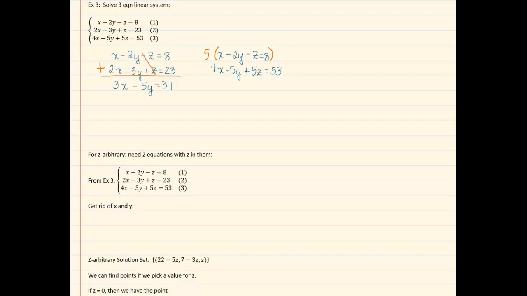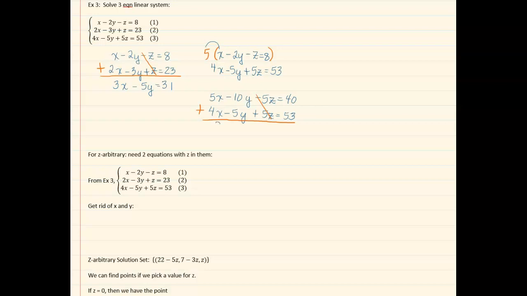So I'm going to multiply and get 5x minus 10y minus 5z is equal to 40. And down here we're going to have 4x minus 5y plus 5z is equal to 53. And now I can add these two equations and know that the z's will zero out.